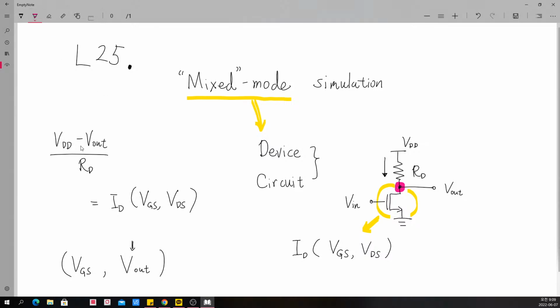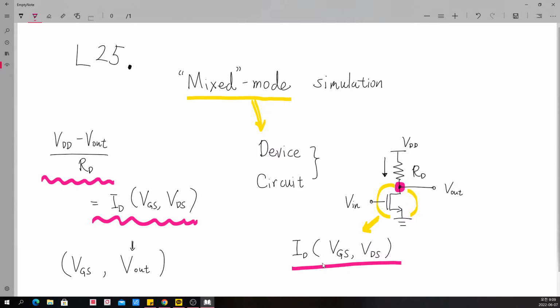you just include this procedure. Solving the KCL at the same time is merged into your simulation capability. So when you have a mixed mode simulator, you don't have to individually calculate the I_D versus voltages relationship.